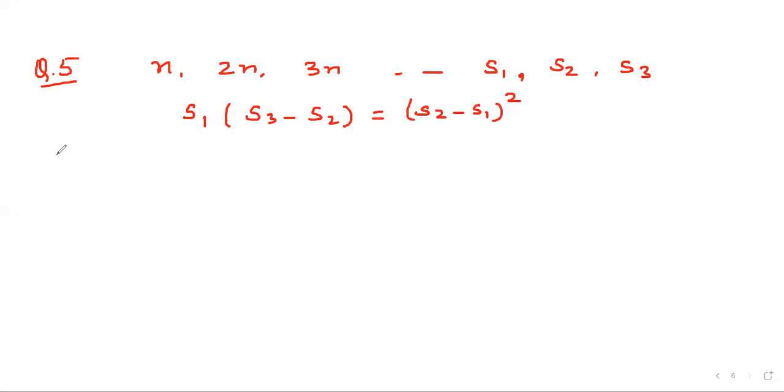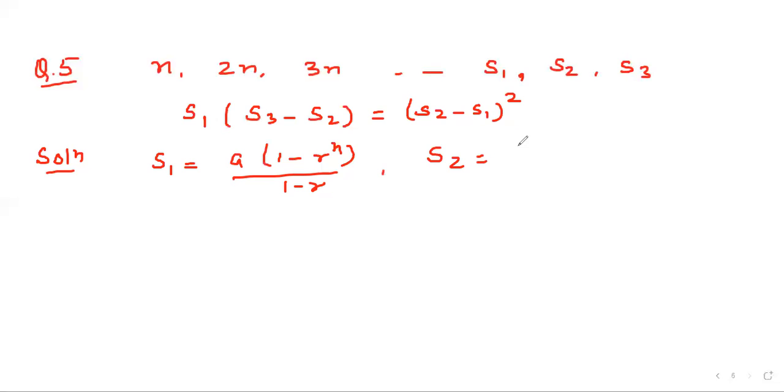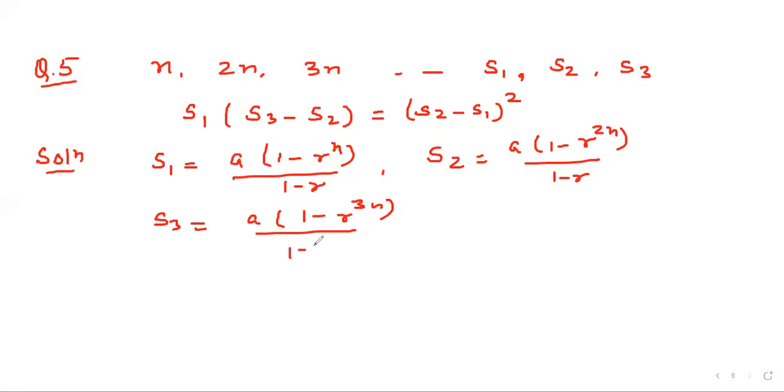So let's consider its solution. So here S1 will be given by a times 1 minus r power n divided by 1 minus r. S2 will be a times 1 minus r power 2n divided by 1 minus r, and S3 will be a times 1 minus r power 3n divided by 1 minus r.